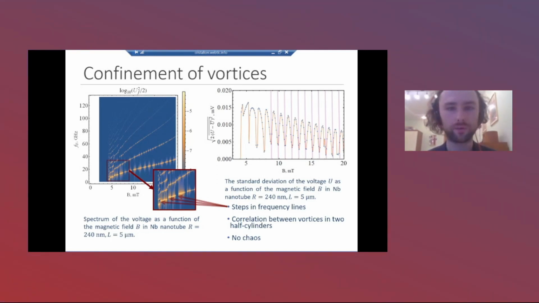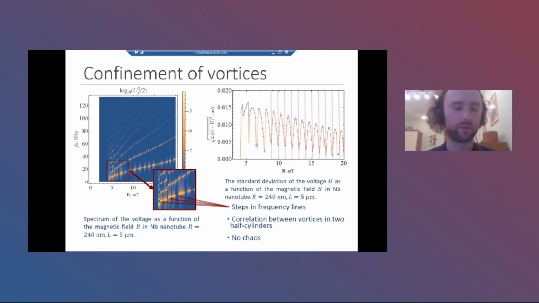In the case of the smaller nanotube with a radius equal to 240 nanometers, we don't have fractional harmonics at the same values of the magnetic field, and we don't have regions with chaotic behavior, as we can see on the left panel.